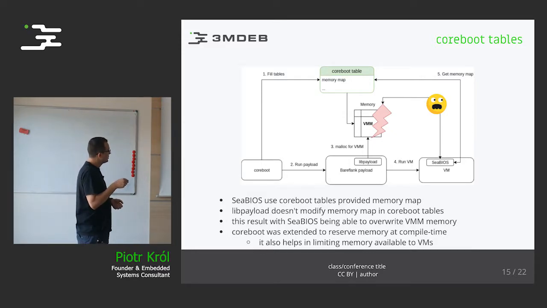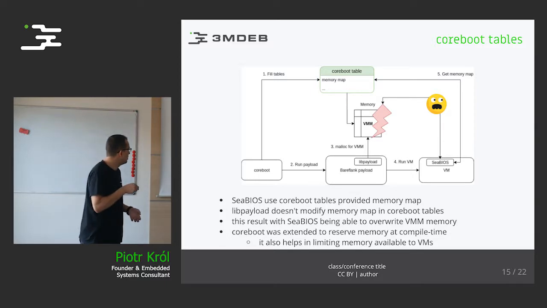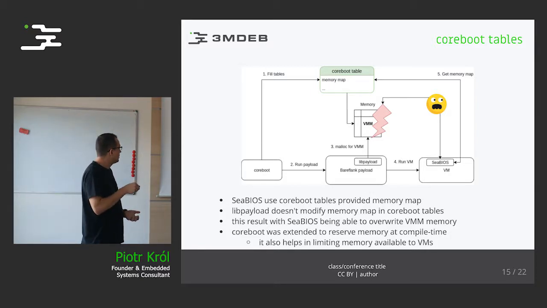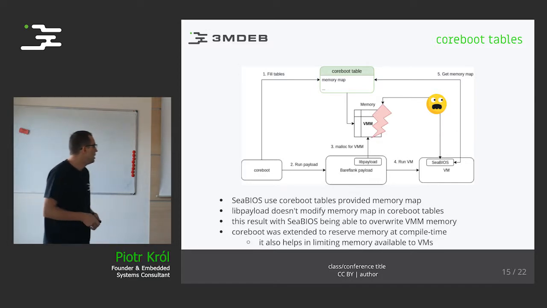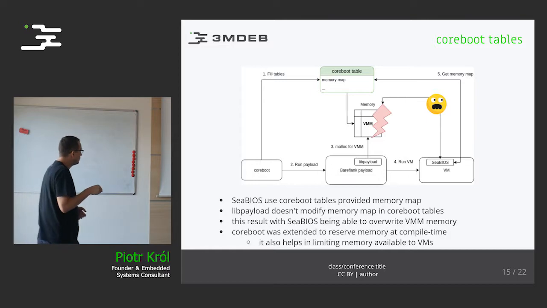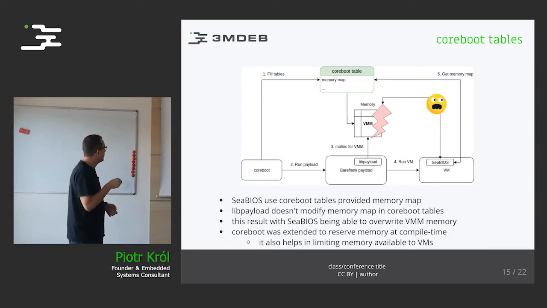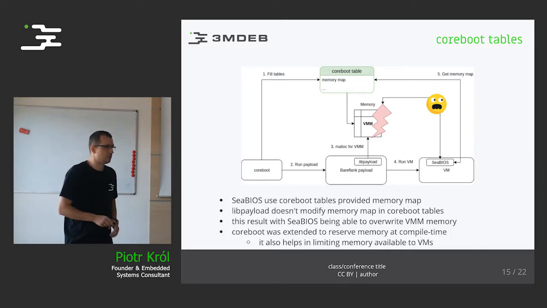But those tables are not modified by libpayload, and the VMM can be in an area that SeaBIOS doesn't know it cannot use. If it tries to use it, it will simply crash, because we will destroy the virtual machine monitor code. So we have to reserve that memory used for the VMM right when we are filling the coreboot tables. This is what we did, but we had to realize that this was a problem, and this took some time.